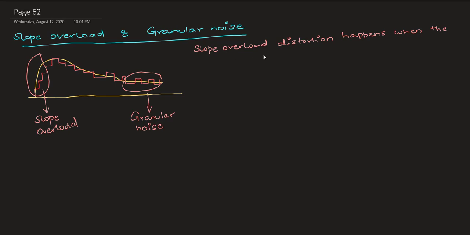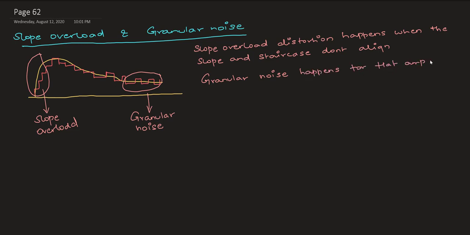Now, when do these happen? It's very obvious, right? Whenever you have a steep slope, it will happen. That is obvious. And this is also the reason I can tell you why we don't use a square wave here, right? We don't use a square wave or an exponential signal because your square wave is going to have a very steep slope, almost like a vertical slope, 90-degree, and then your exponential signals have a long tail which will produce granular noise.